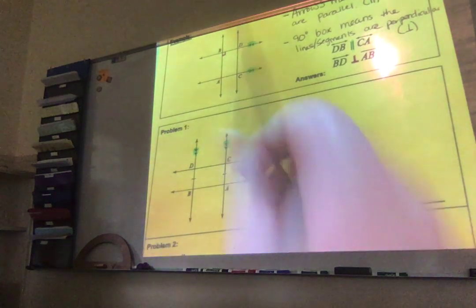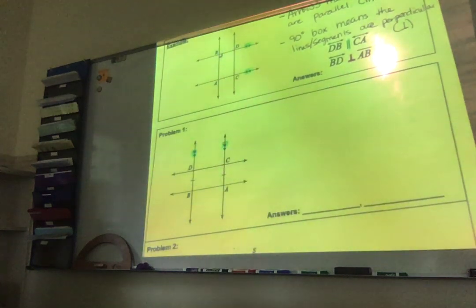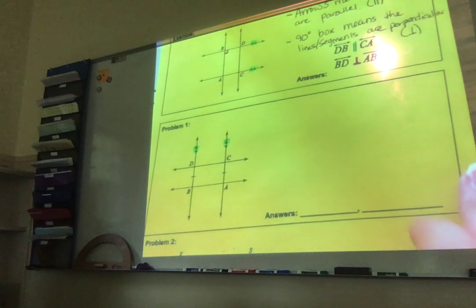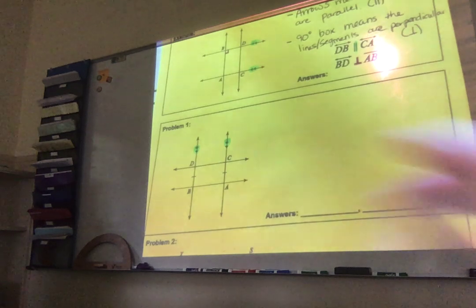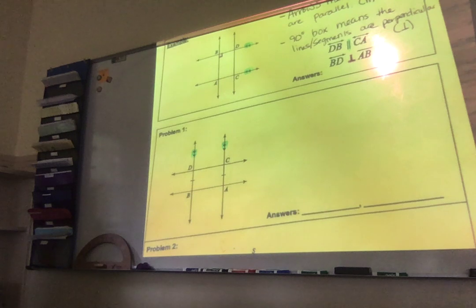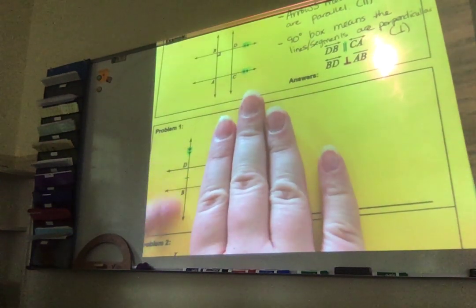Perpendicular? Nope. So we know the arrows mean that they're parallel. So what lines are parallel? What two letters make that line? Yeah, on this diagram right here. What two letters? Is it B and A? If I cover this one up, what line is this?